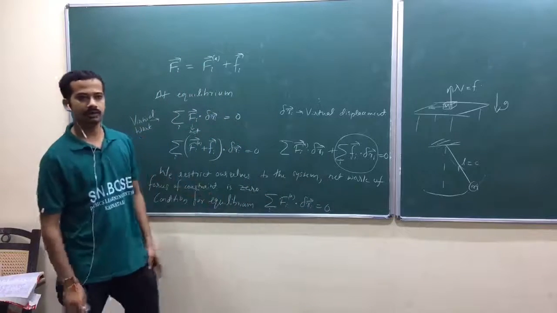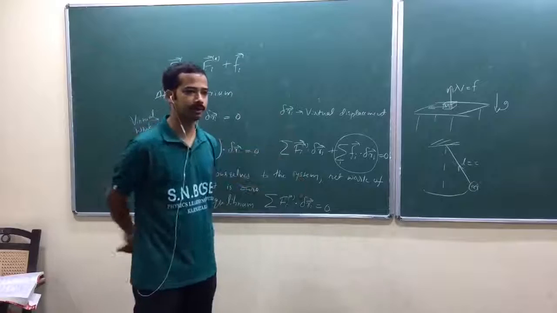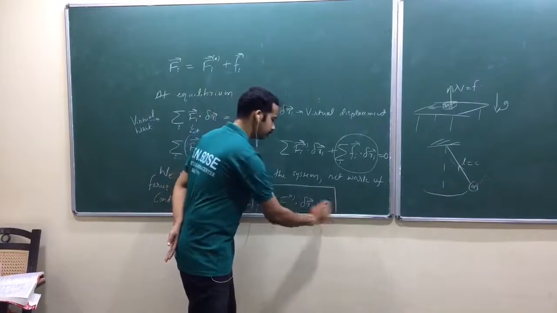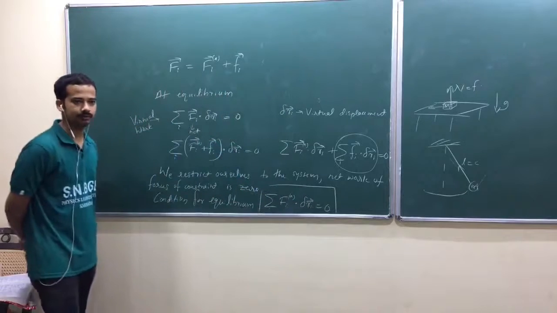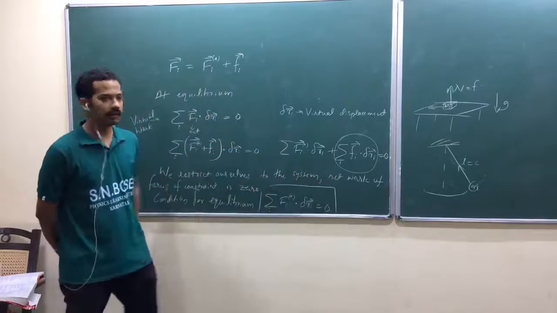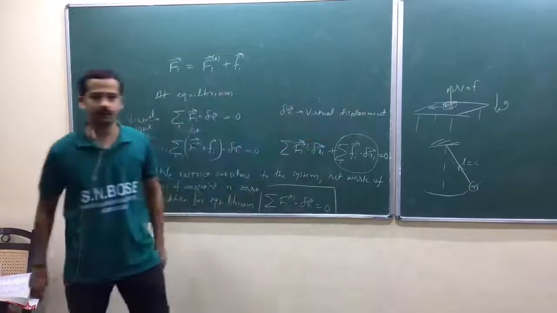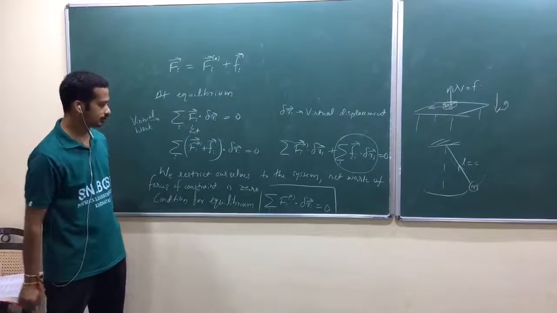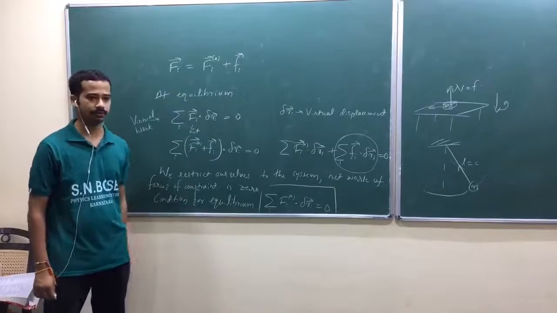Usually in Newton's second law, you have to take everything, am I right? But our equation is not concerned with force, it's concerned with the work done. And there are no forces of constraint in it because we are restricting ourselves, and in most situations that will definitely happen. So the work done due to forces of constraint is always 0 usually.